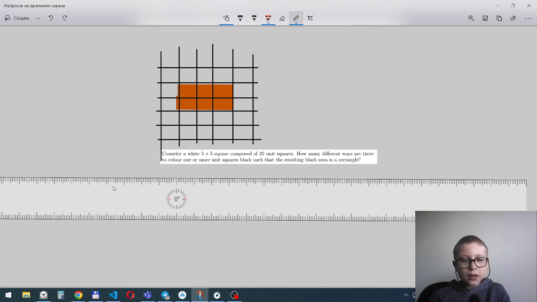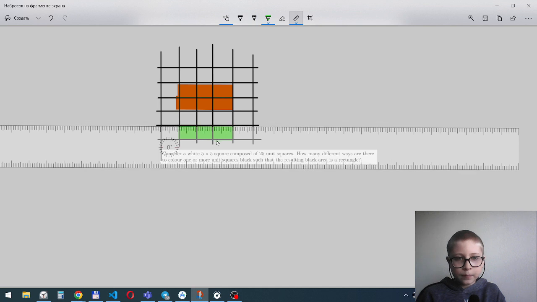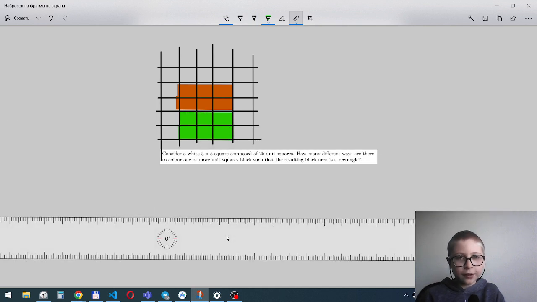However, if we have a rectangle here and a rectangle here that have the same area, we can't distinguish which one it is from this parameter.